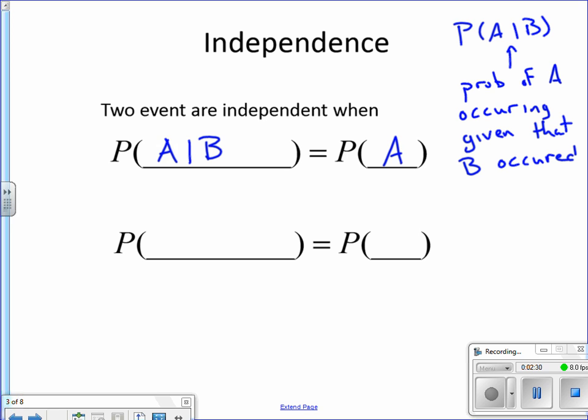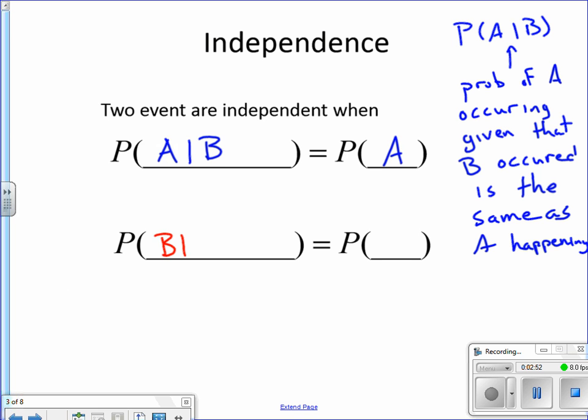In other words, A has no bearing. This can be the same as A happening. So in other words, B has had no impact on whether or not A happened. A happened regardless of B. So another way we can rewrite that, though, you could also write it the other way.